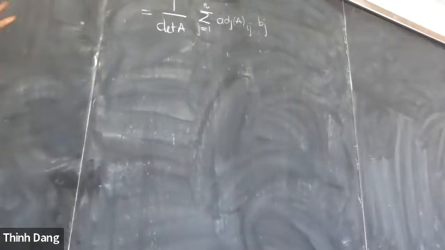Suppose that the size of the square matrix is n by n.